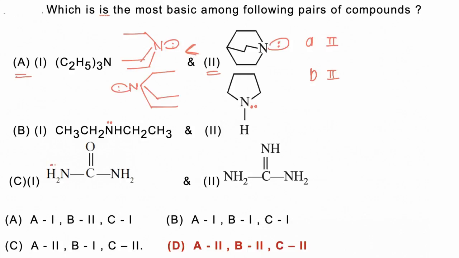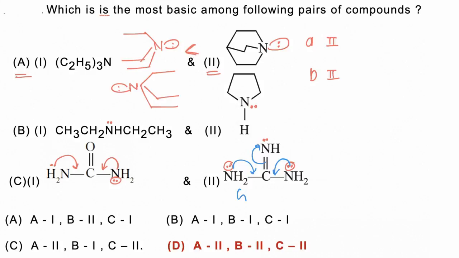Now in the first case, in urea the lone pair of nitrogen is involved in resonance, due to which the basic strength of the nitrogen atom is decreased, while in the second case each nitrogen atom has a lone pair. Now these two lone pairs are involved in resonance, and these two nitrogen atoms increase electron density on this nitrogen.